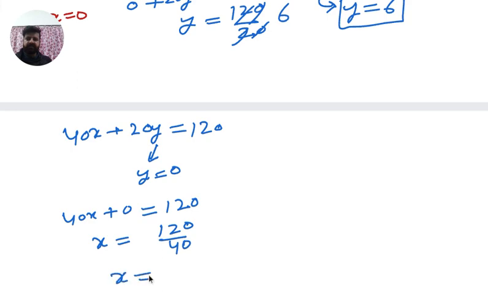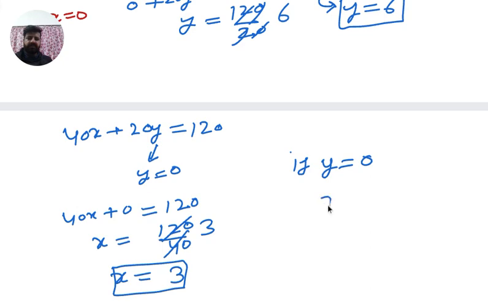So as you can see, the value of x will be 3. So x is 3. If y equals 0, then x will be 3. So if I don't purchase the second quantity, the maximum quantity of the first type will be 3.